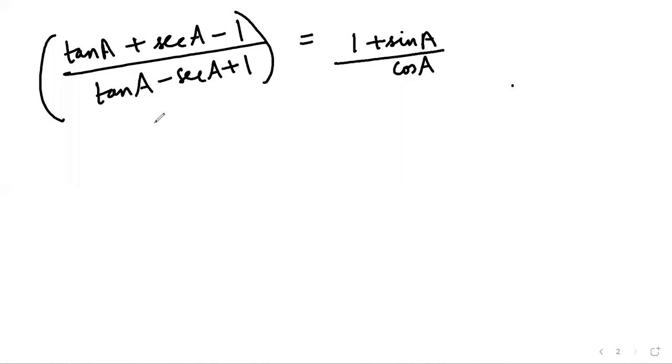So now, it's obvious here. I have to take the path of rewriting tan, secant, everything in terms of sin and cos. That is one approach.